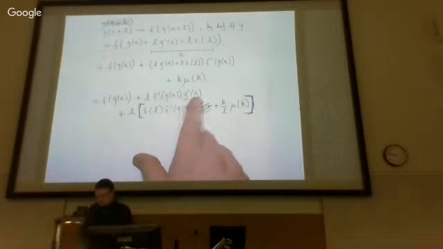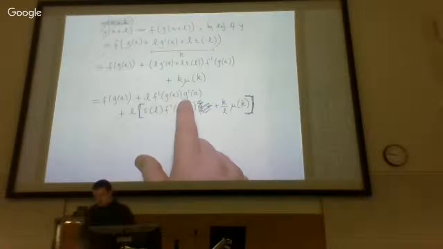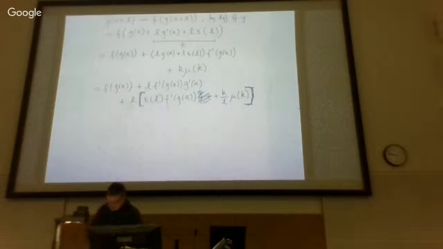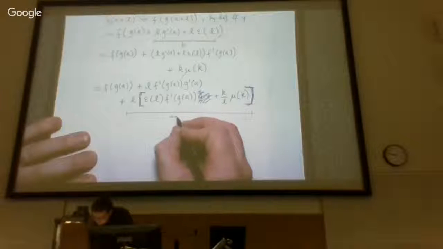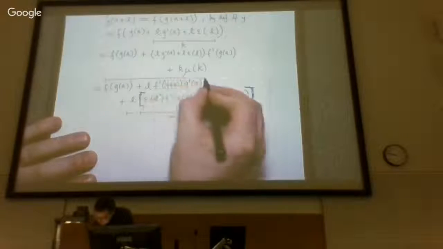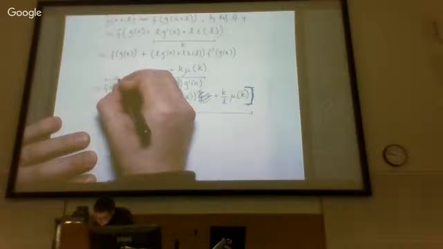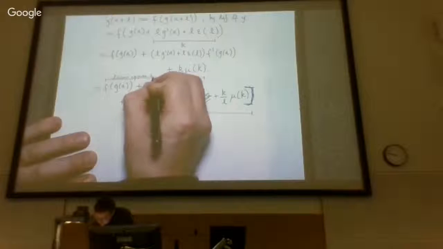And note that that's the required form for the derivative of y. It's the derivative of f evaluated at g of a multiplied by the derivative of g evaluated at a. And this here is all error term. This here is the linear approximation to y.